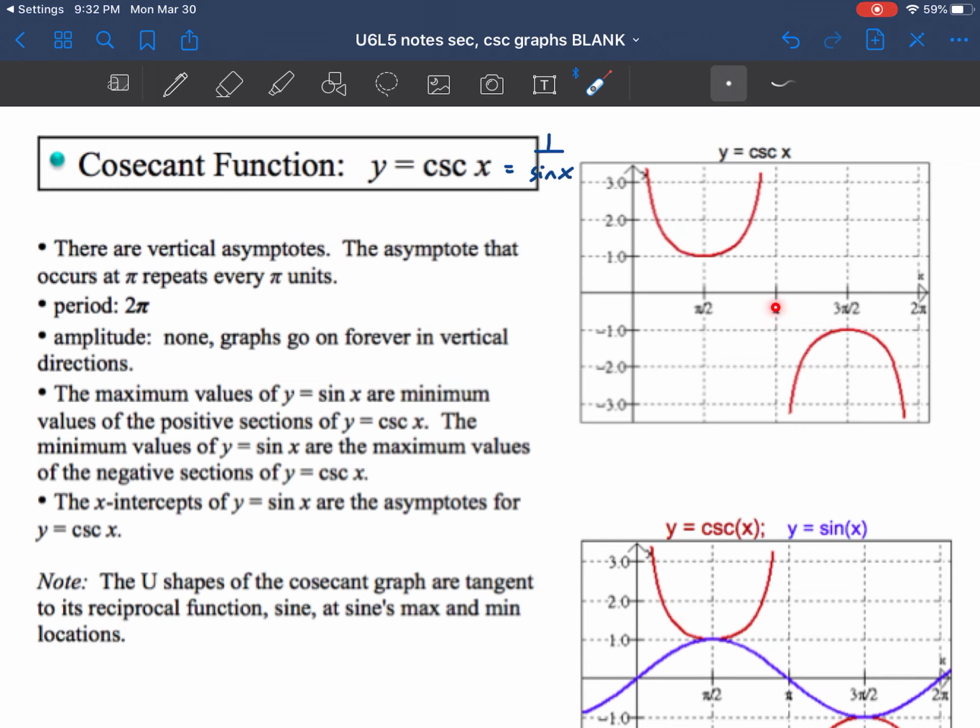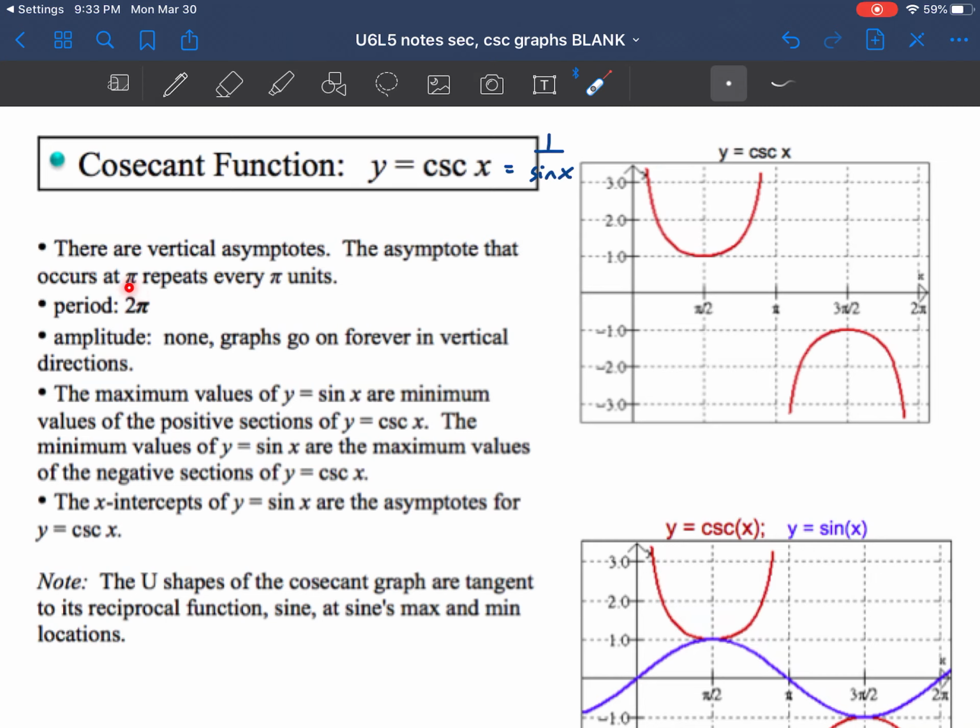There's a vertical asymptote there, because hopefully you remember the sine of pi is 0. The sine of 0 is also 0, so there's a vertical asymptote here. The sine of 2 pi is also 0, so there's a vertical asymptote here. So that's a key feature: this is going to have vertical asymptotes, and for cosecant, it's at pi, and they repeat every pi units.